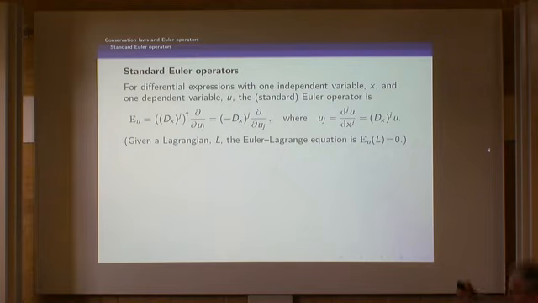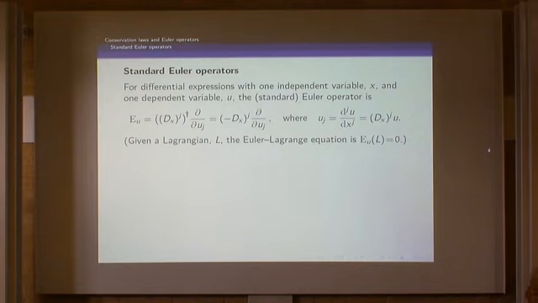As I said, this is a quick run through of the basic theory before we get into something a little more meaty. But if we think about scalar equations with one independent variable, the Euler operator is the standard operator. Here I'm using the notation u_j for the jth derivative of u with respect to x. And that's of course the same as the jth iterate, this total derivative acting on u.